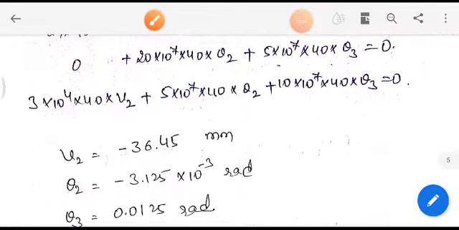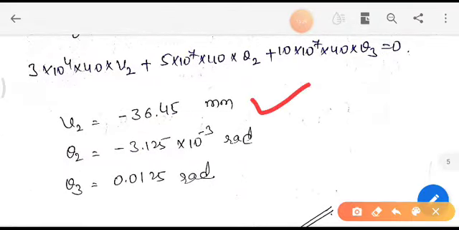Once we write this, if you solve the equations, we'll get v2, theta 2, theta 3. v2 as minus 36.45, theta 2 as minus 3.125 into 10 raised to minus 3 radians, theta 3 as 0.0125. So these are nothing but the deflections for the given loading condition. So this is all about the solution for the question paper.